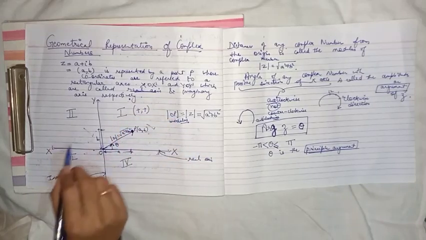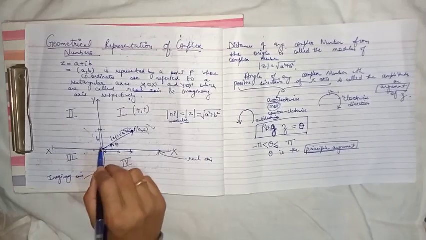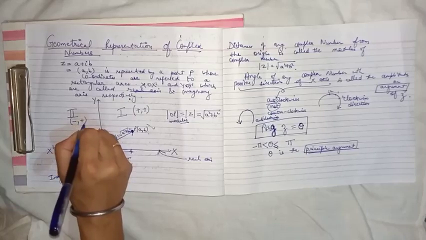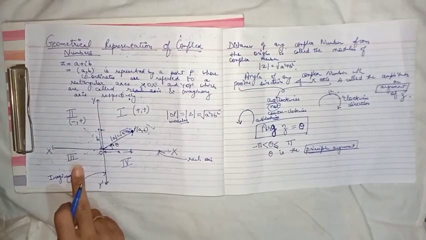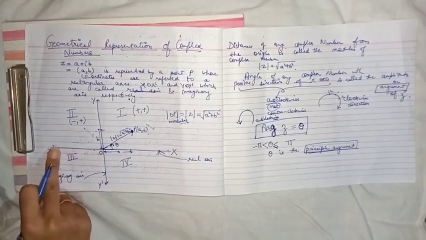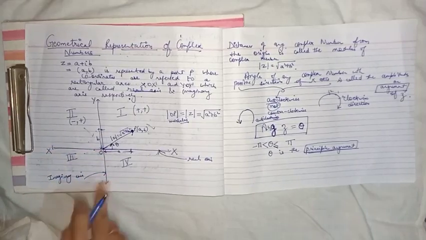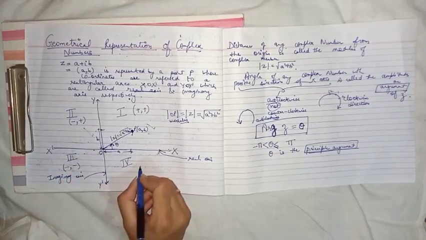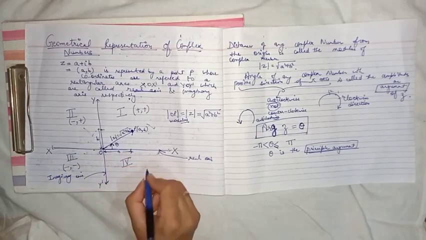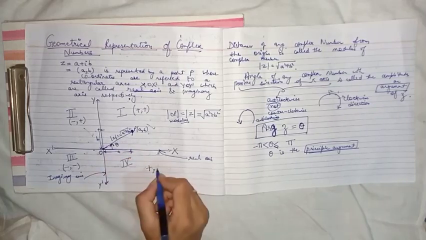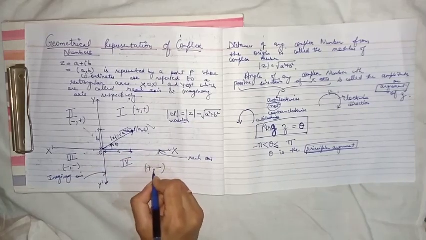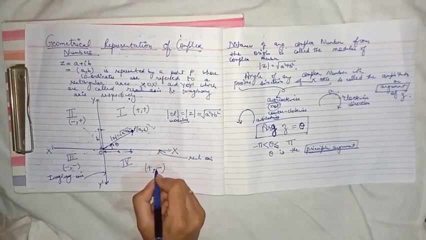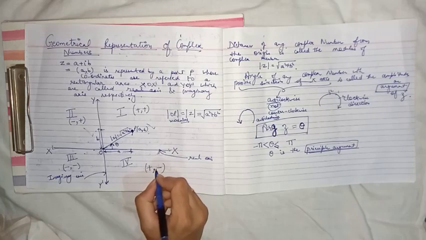In the second quadrant, x is negative while y is positive, so you can write minus comma plus here. In the third quadrant, x is negative as well as y is negative, so you can put minus comma minus here. And in the fourth quadrant, x is positive and y is negative. Always write the value of x before the comma and the value of y after the comma.